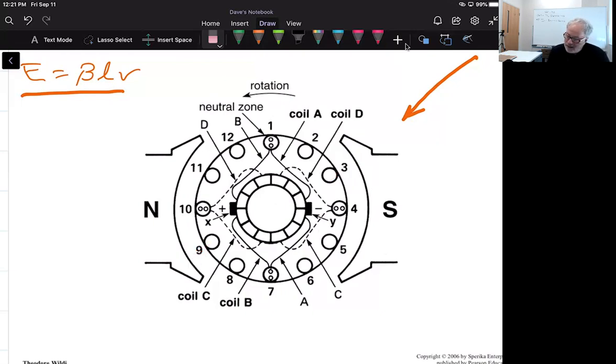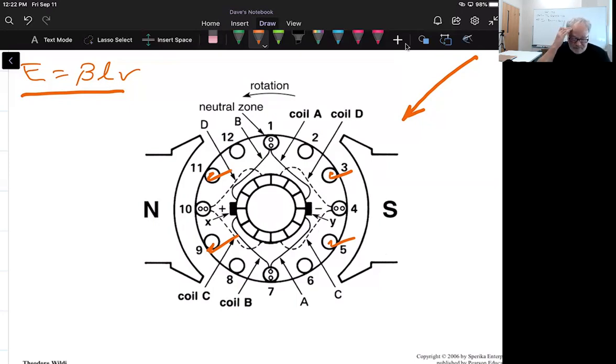He says on page 76 that the coils in slots 3 and 9, here and here, the voltage induced in those two coils would be the same as the voltages in 5 and 11, and that's due to the relative position, which he calls magnetic symmetry.